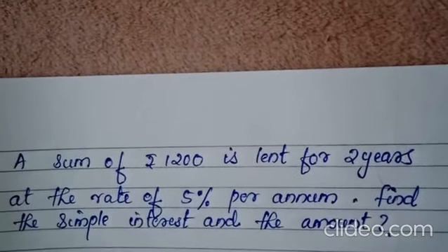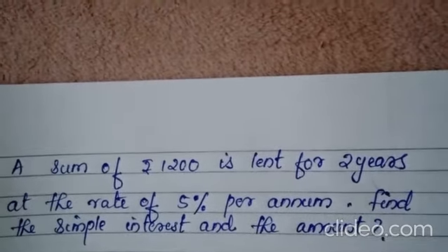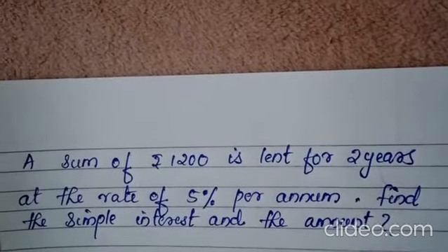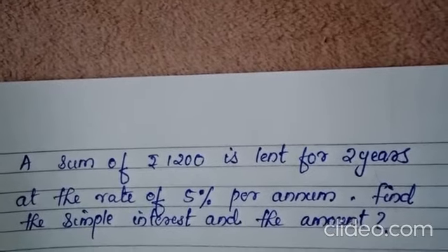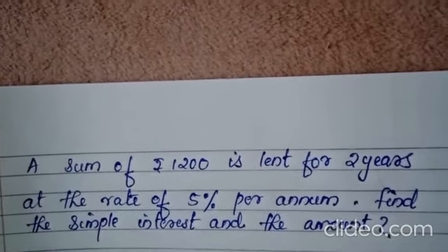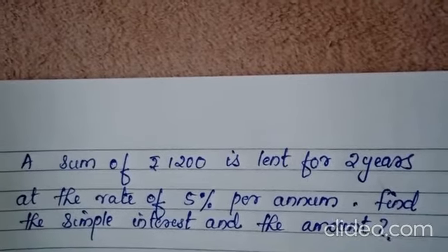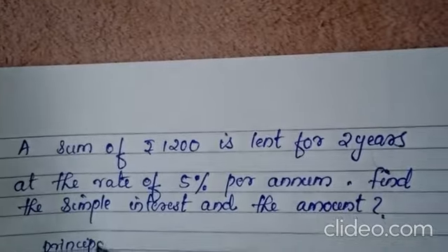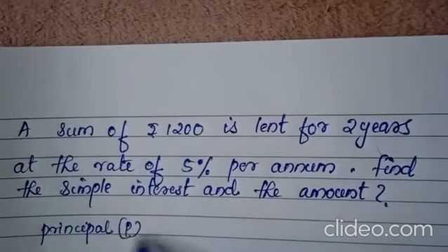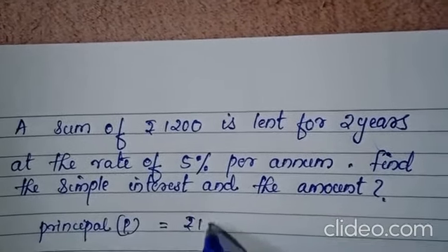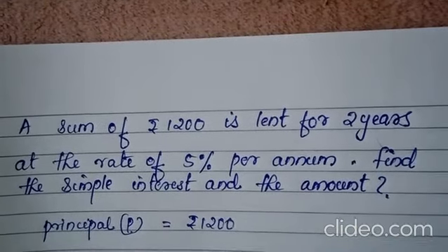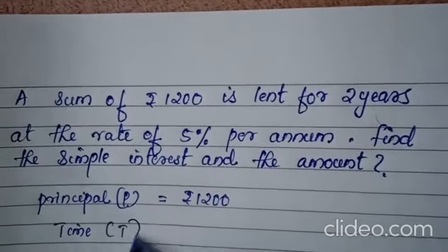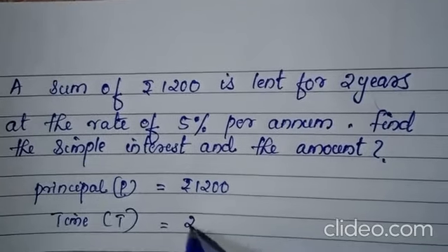Here is the question. A sum of rupees 1200 is lent for 2 years at the rate of 5% per annum. Find the simple interest and the amount. So, in this question, the principal P is rupees 1200, and time T is 2 years.